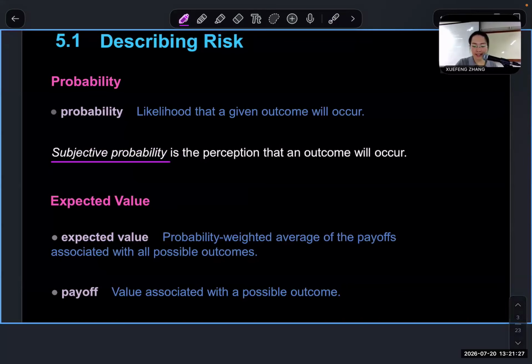So let me write it down. Probability equals how likely. Expected value equals weighted average outcome.